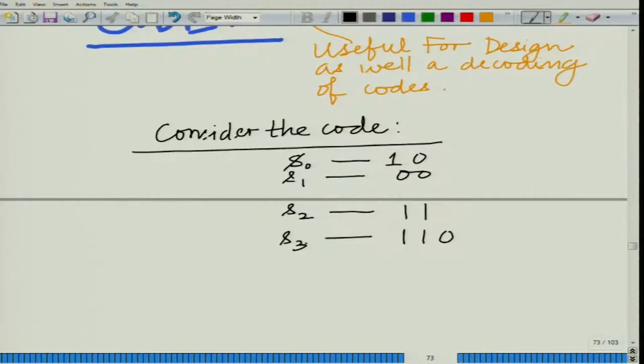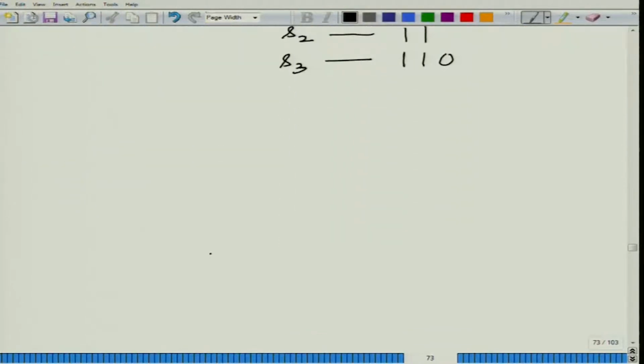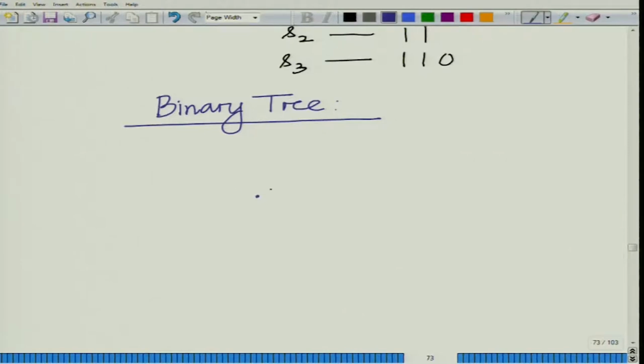Now if you look at this code, I can represent it as a binary tree. I start with the root, then for 1 I go above, for 0 I go below.